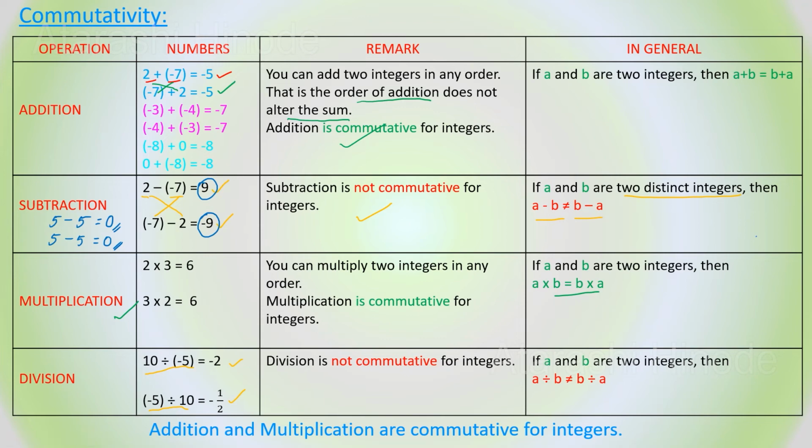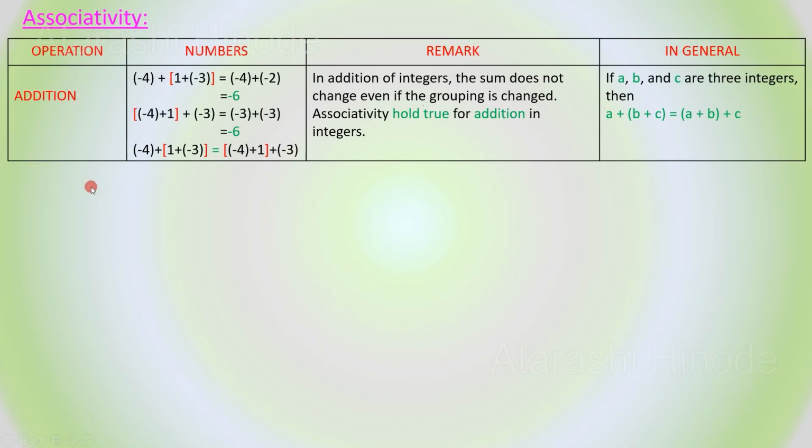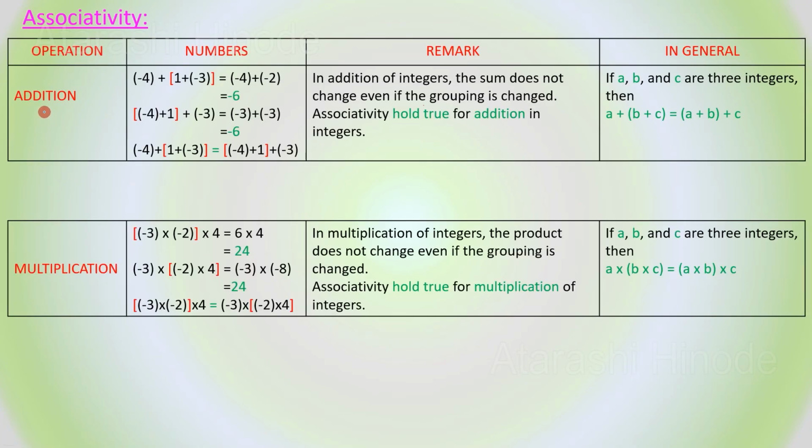Next property is the associative property. In the case of addition and multiplication of integers, even if the grouping is changed, it does not change the result.